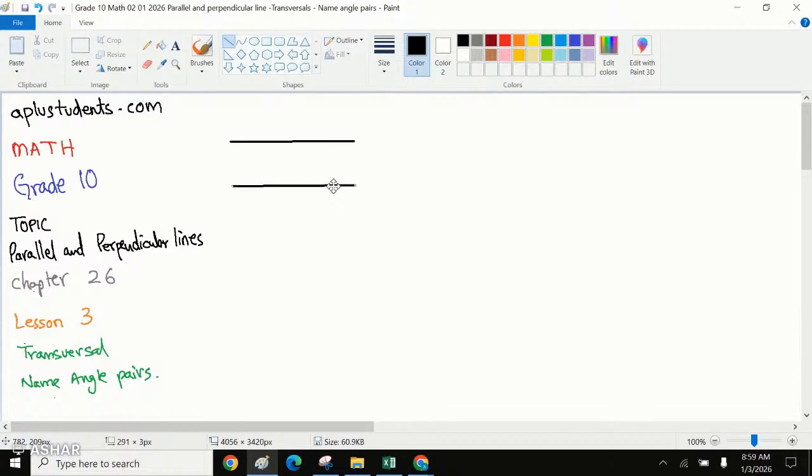These two are parallel lines. If we have a line that is intersecting these lines at a particular angle, okay? The first case we have is, I'll just draw an arrow over here so that we know these two lines are a set of parallel lines. An arrow denotes that the lines are parallel, okay? So we have a set of parallel lines.